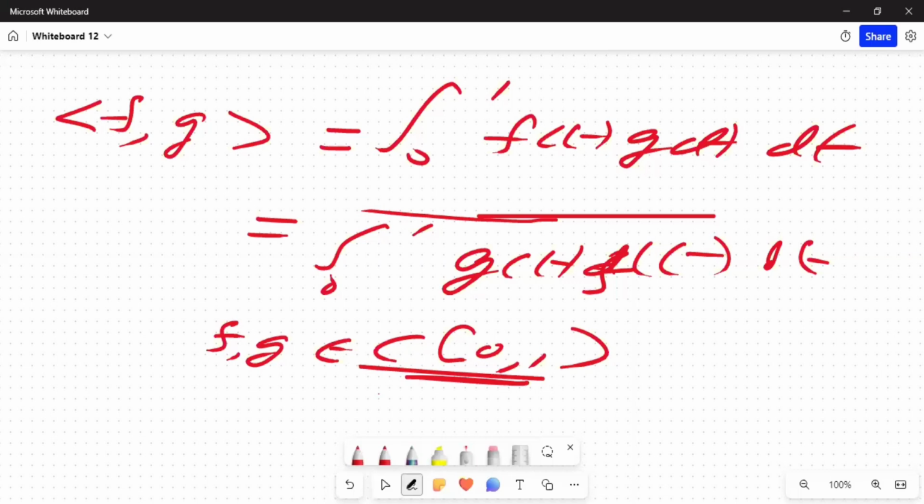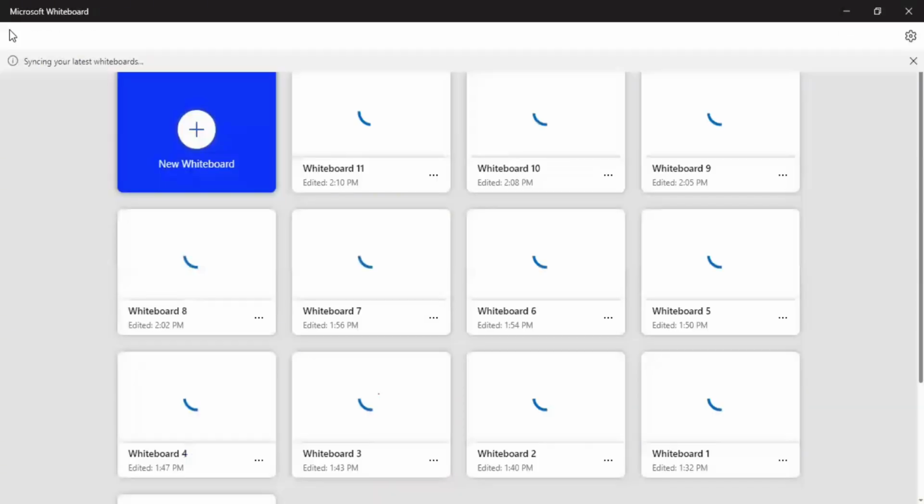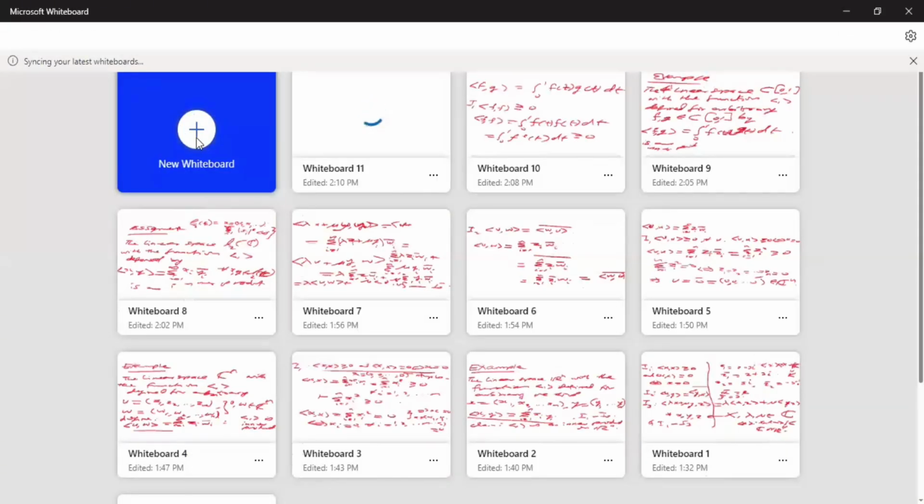I don't know if you understand what I mean. That means you have shown that the inner product of f, g is equal to the conjugate of the inner product of g, f. So that's for I2. Now for the last one, I3.